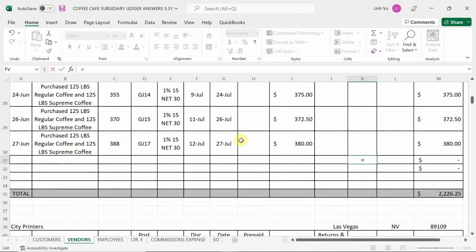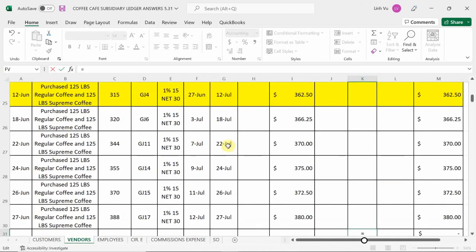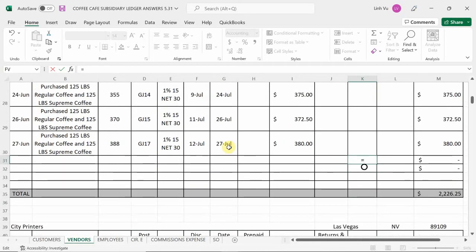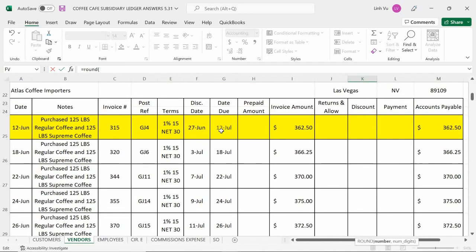What was the discount again? It comes to 36.25, because it was 362.50.